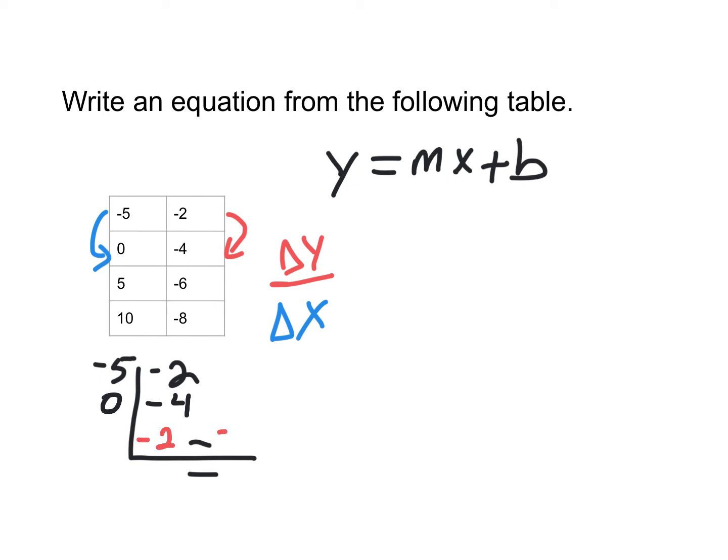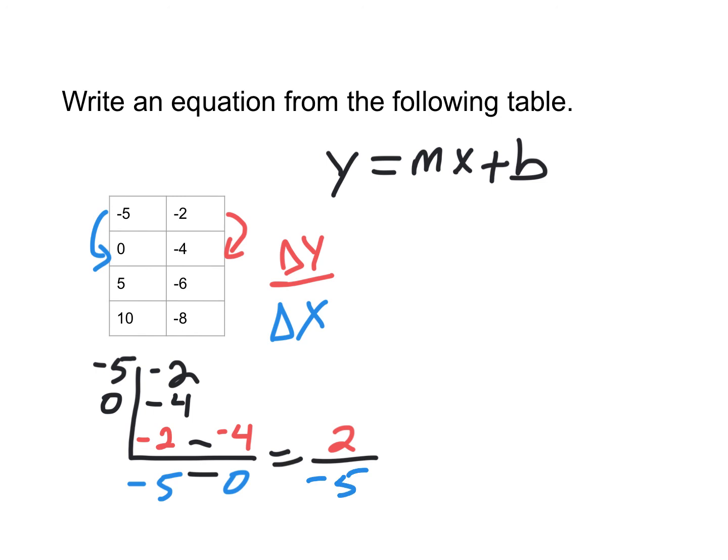-2 minus -4 for the change in y. And then for the change in x, we have -5 minus 0. So -5 minus 0. When we work this out, -2 minus -4 actually becomes -2 plus 4, which is 2. So we have a 2 over, and then in the denominator, -5 minus 0 is -5.